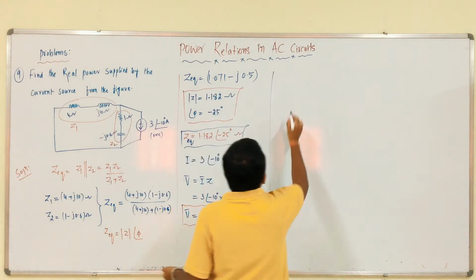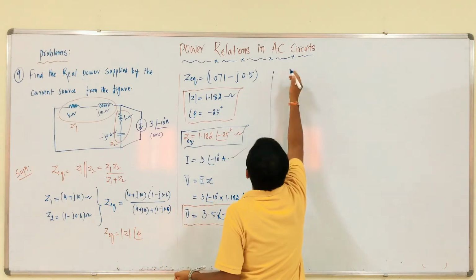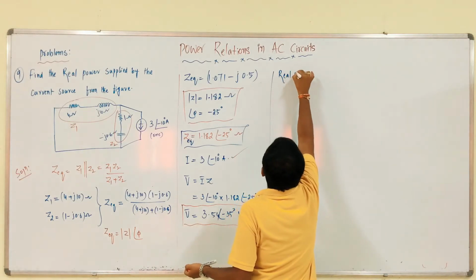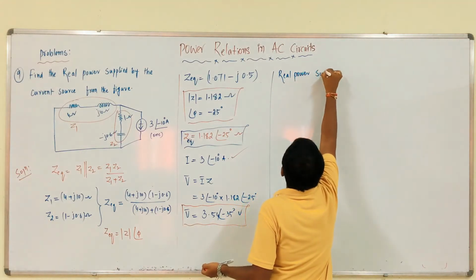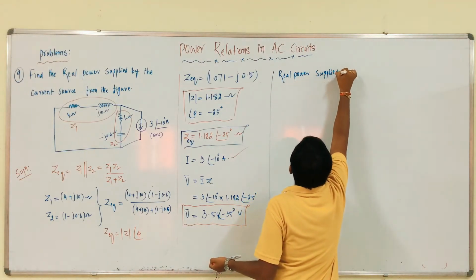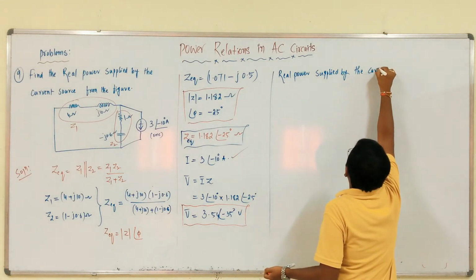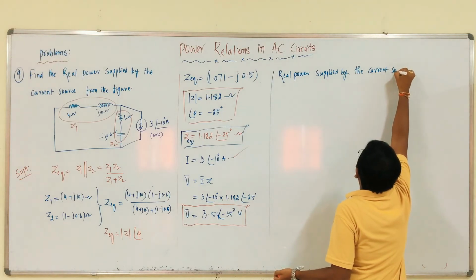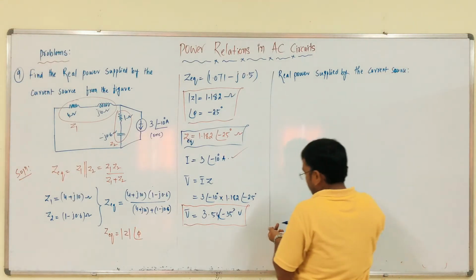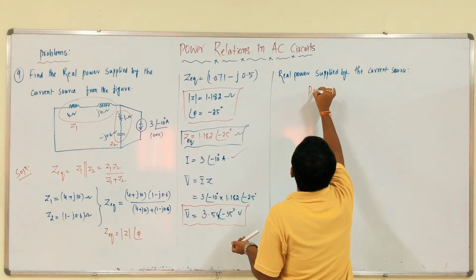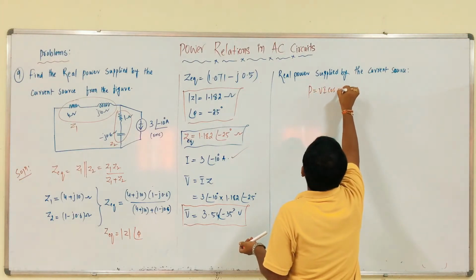Therefore, we have to calculate real power by the current source. P is equal to, we all know, V I cos phi only.